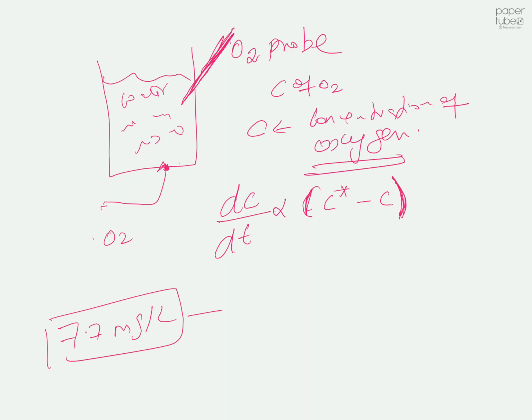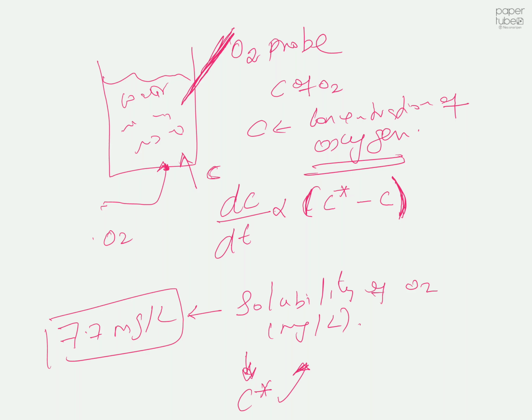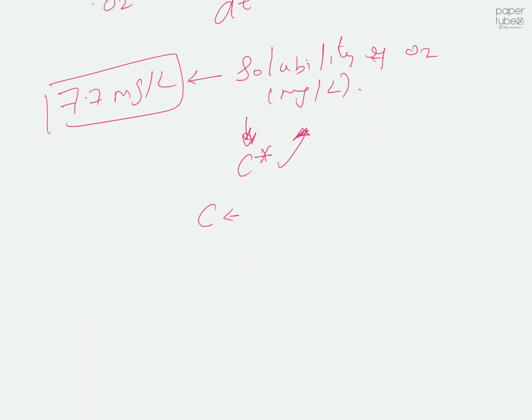Let's call this the solubility of oxygen, expressed in milligrams per liter. We can give it a parameter, C star. C star refers to the solubility of your oxygen. And let C be the concentration of oxygen in the liquid at any time.